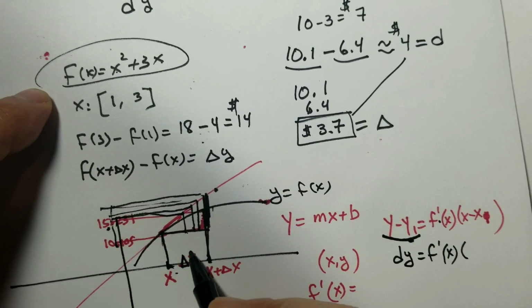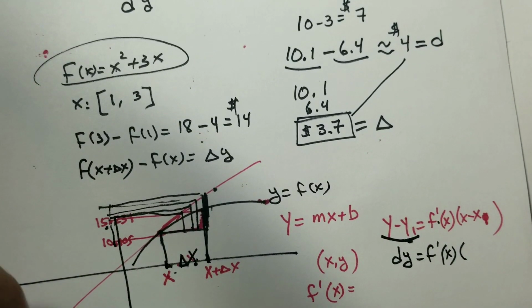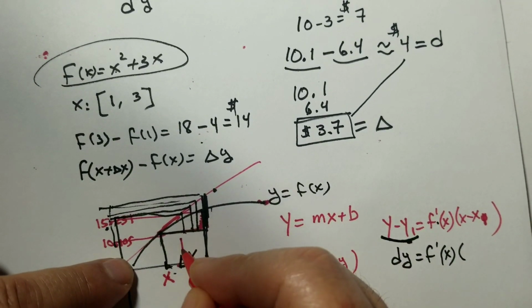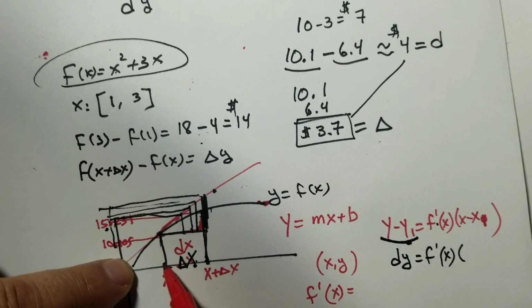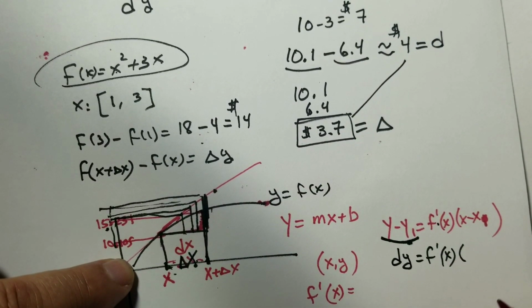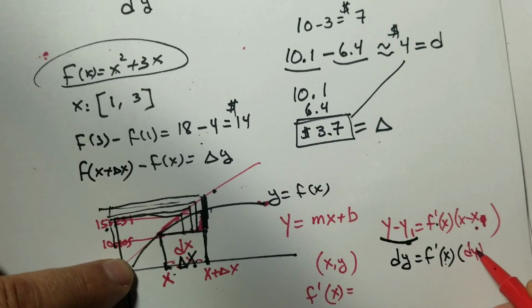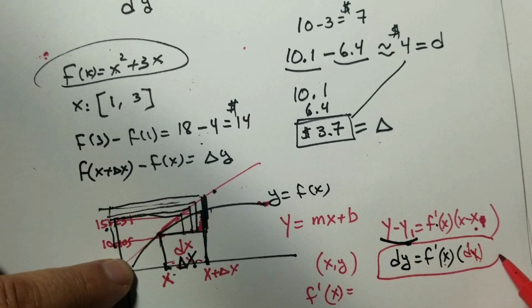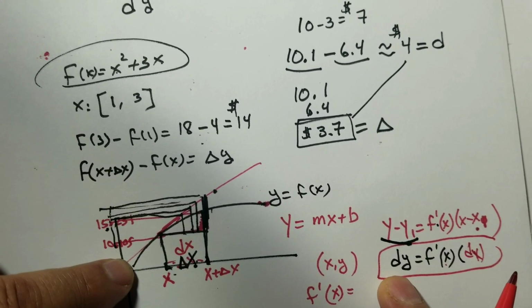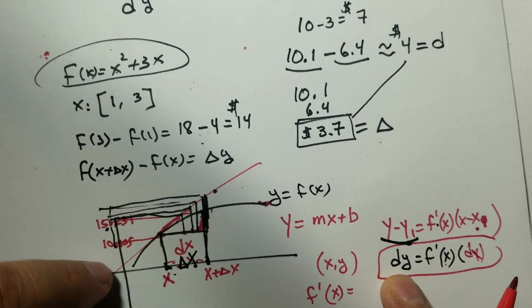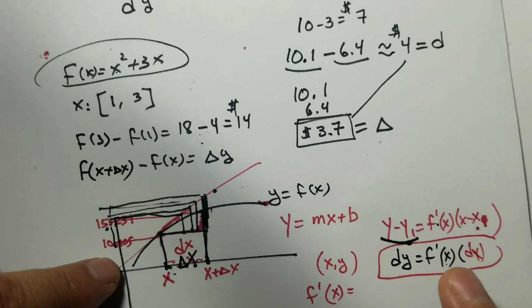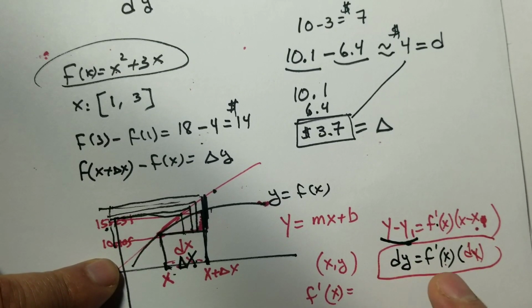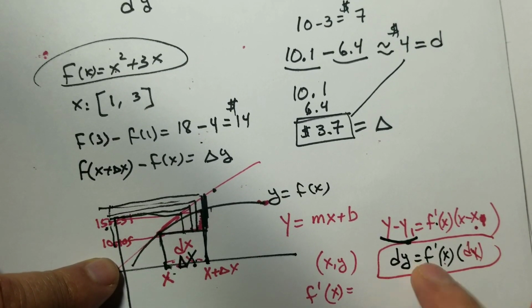For the black function, I put delta x. For the red function, because I'm overestimating, I'm going to put dx, and this distance for both of them is the same. Therefore, in here, instead of delta x, I can put a dx, and this is called approximating the change in y value using a tangent line. This is called approximation.